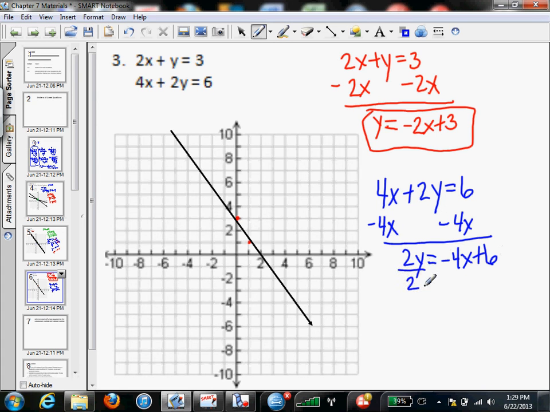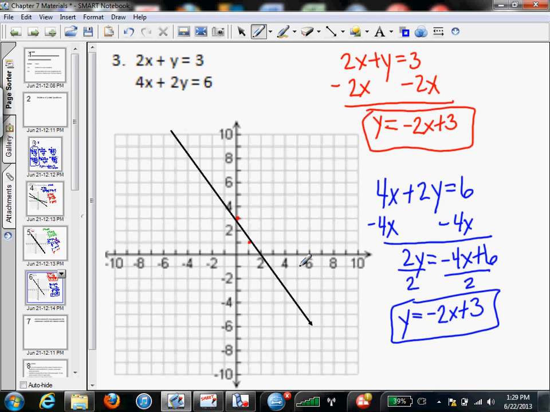Let's get rid of that 2 by the y by dividing it on both sides. And when we get the final equation, we have y equals negative 2x plus 3. And if you look, that's the exact same line that we just graphed.